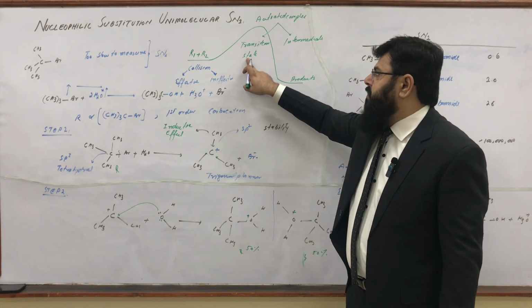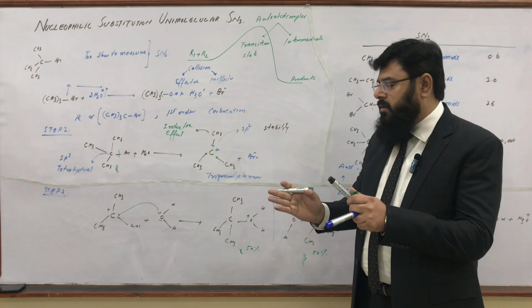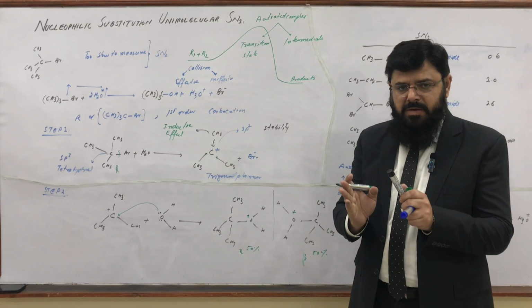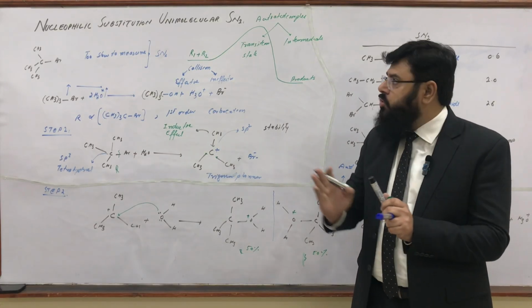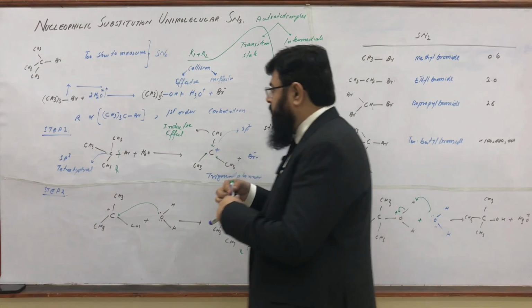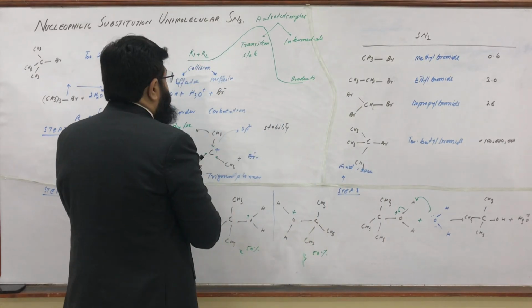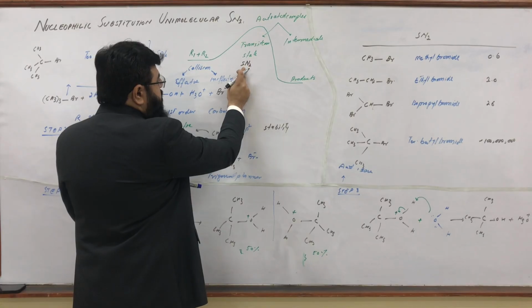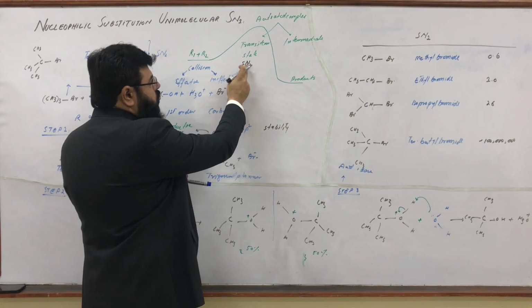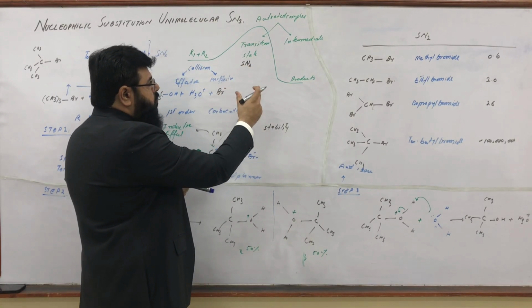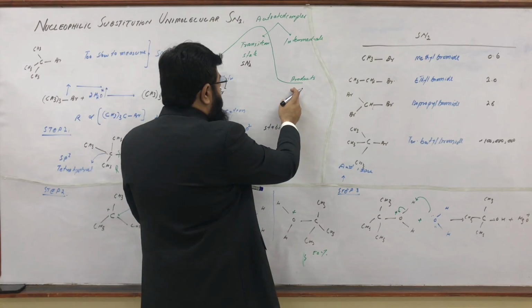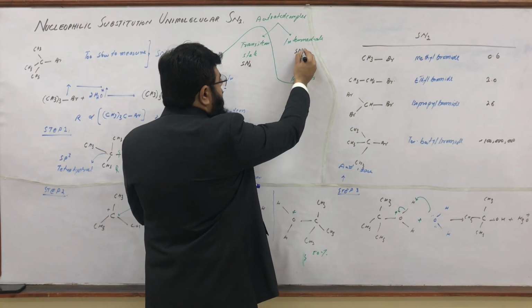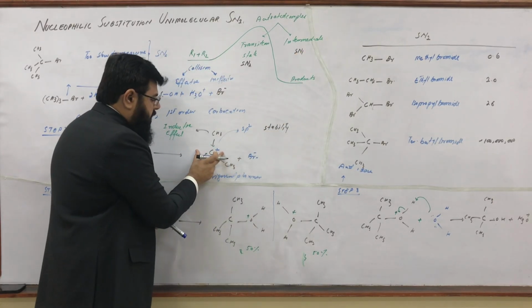So if we compare the reaction mechanisms of SN1 and SN2, we can say that when a reactant follows the SN2 reaction mechanism, there will be a transition state between the two reactants. But when two reactants undergo an SN1 reaction, they will have a specific intermediate.